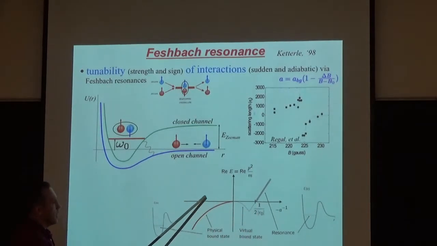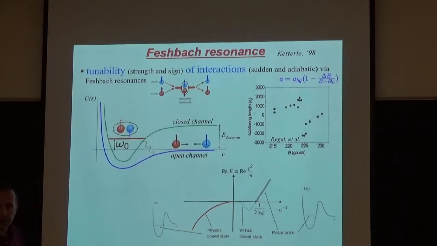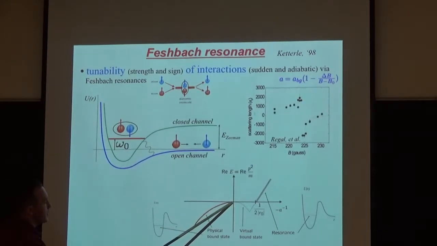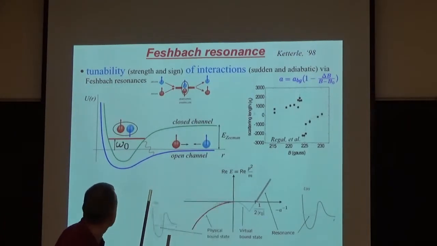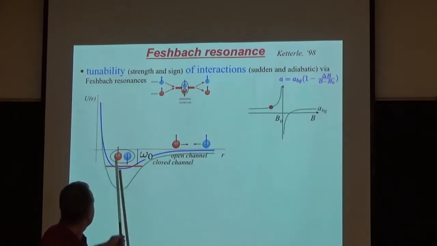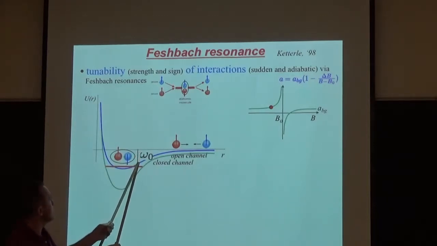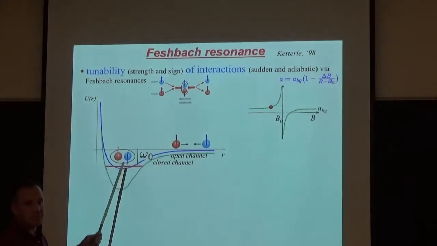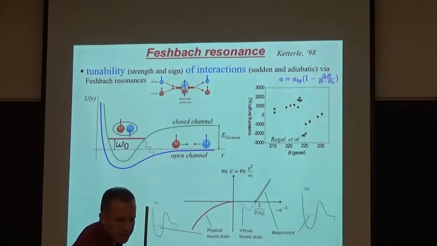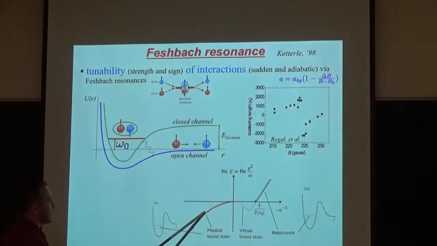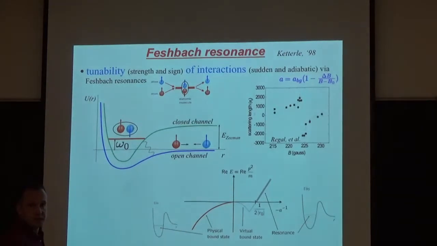And when you form the bound state, you're on the left side of the axis. If you've detuned such that this resonance is below the scattering continuum, the zero energy continuum, then you get a true bound state. Here it is. Zero width bound state. Okay?